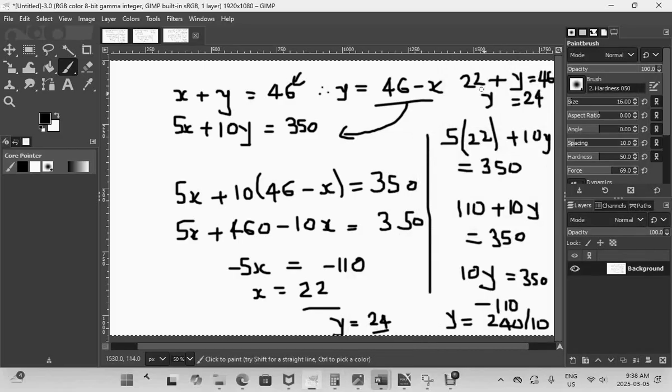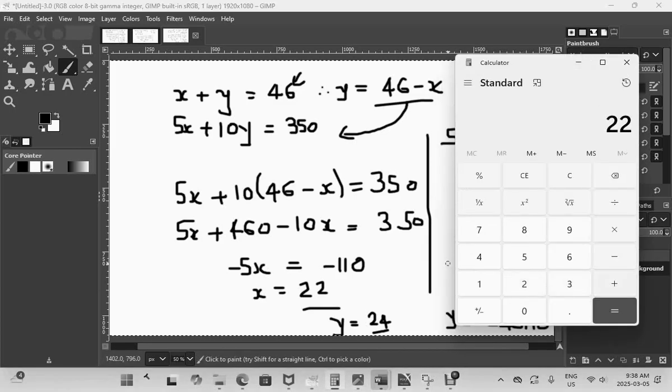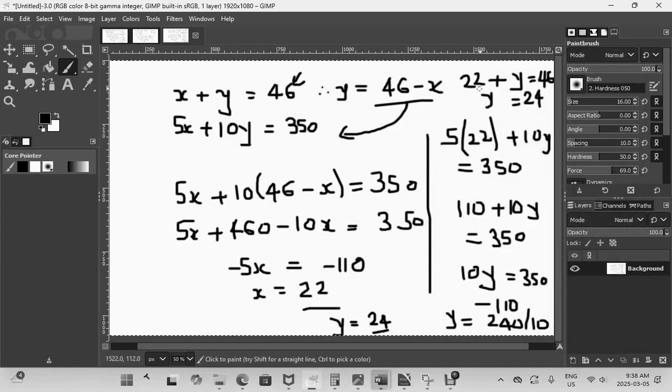And we also know that 22 plus 24 equals 46, so the left-hand side of this equation equals the right-hand side. You can do the same for equation number 2. Left-hand side should equal right-hand side. This is basically how you solve this equation.